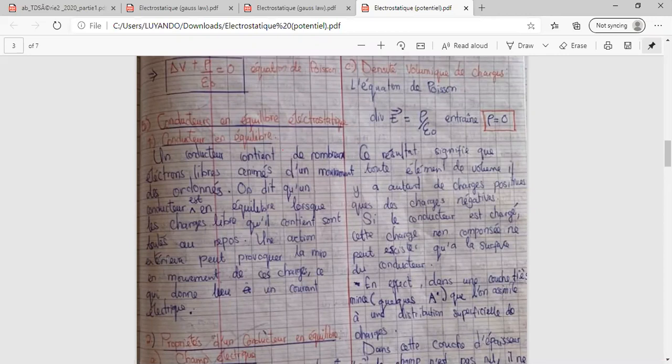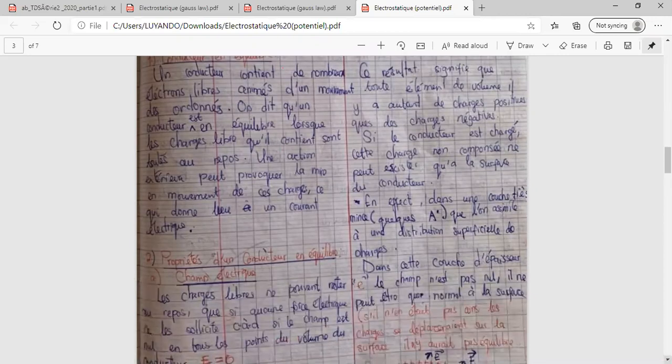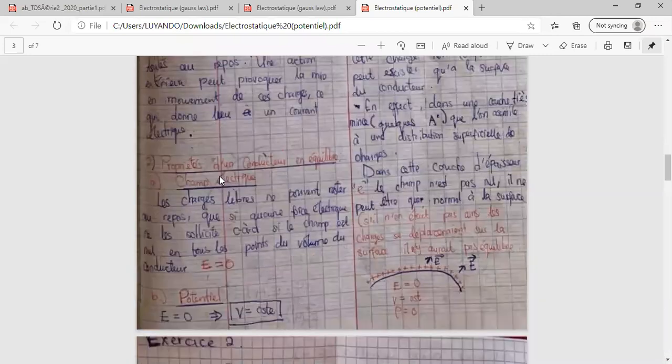So we have the properties of a conductor in equilibrium. The electric field in a conductor in equilibrium is equal to 0. So if we've got a sphere and the electrons or charges inside it are at rest, the electric field is going to be equal to 0.